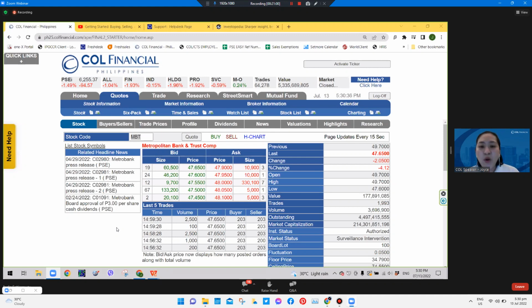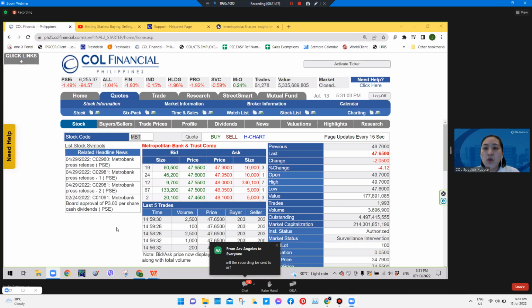Okay, before we go into reading the stock price, let's do a little scenario. In this example, let's say, let's take an everyday or staple item such as rice, or bigas. So let's say 1 kilo of bigas is around 50 pesos per kilo.